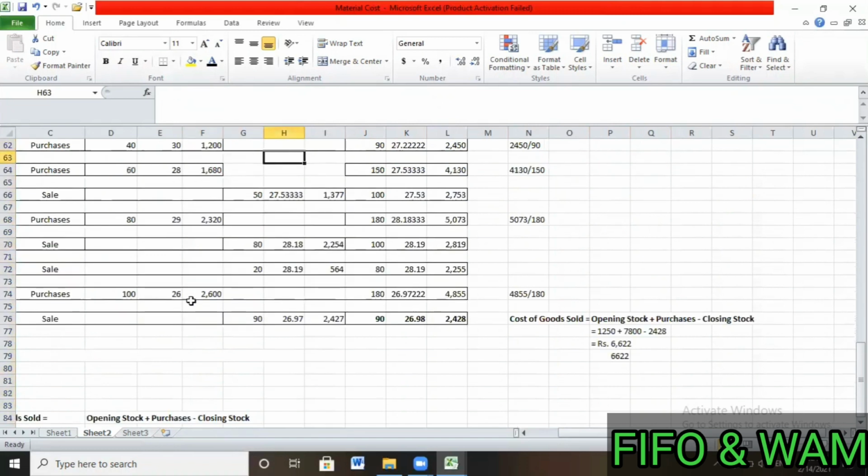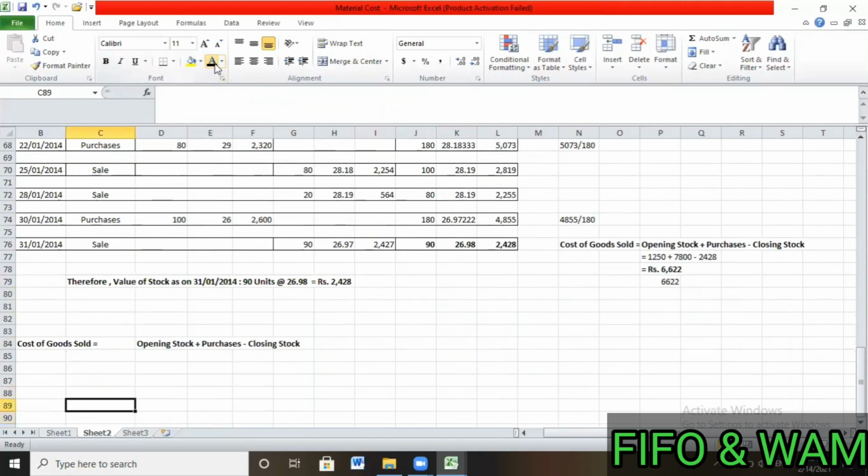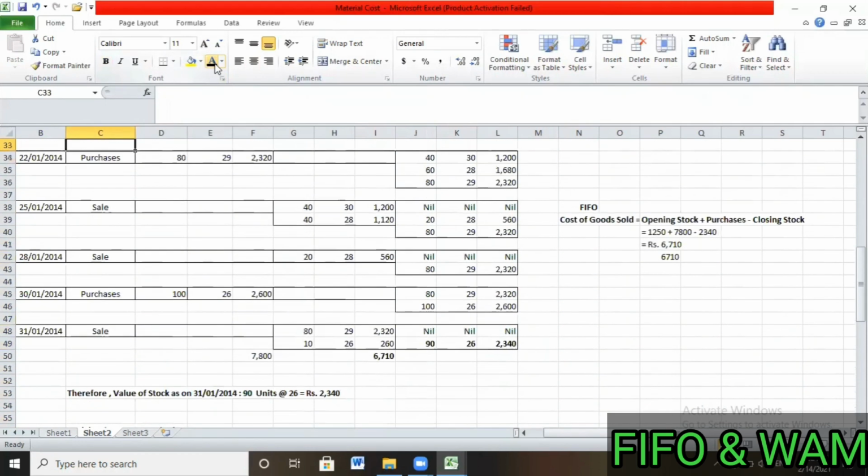So this makes up the formula: opening stock plus purchases minus closing stock. You will get this amount, 6622, and therefore we'll write over here, therefore the value of stock on 31st January 2014 is equal to so and so.